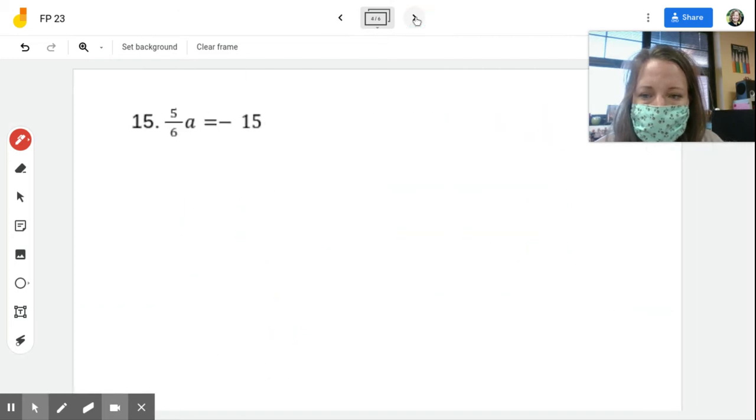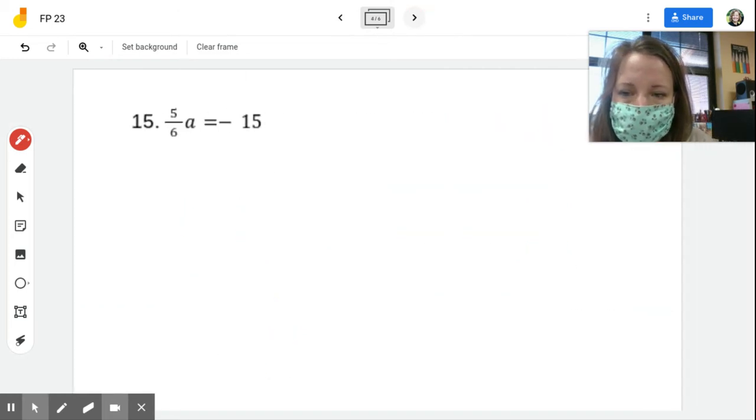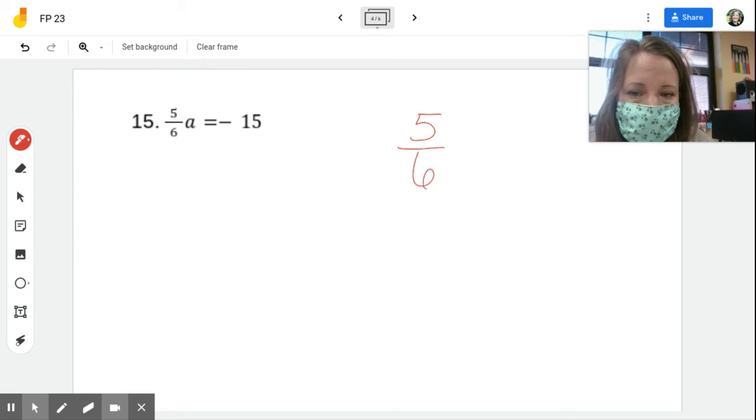All right, let's do the next one. 5/6 of a number is -15. So I want to find that number. I'm going to undo this multiplication with division. 5/6 times something gives me negative 15.